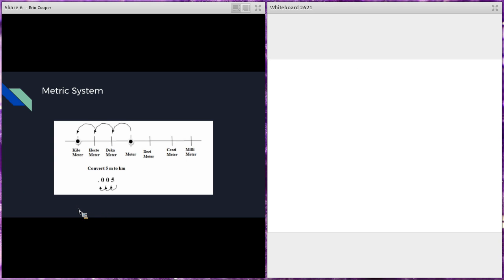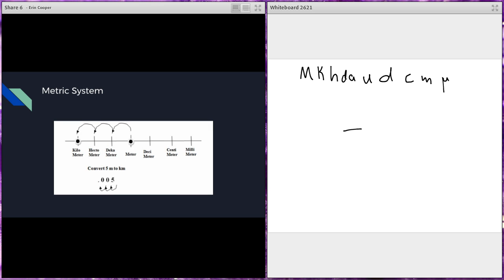Okay, so I'm just going to write down quickly the prefixes. So we have mega, we have kilo, we have hecto, deca. We have our base unit. I'm just going to indicate it with a U. And then we have deci, centi, milli, and micro. Okay, so we have all these prefixes here.